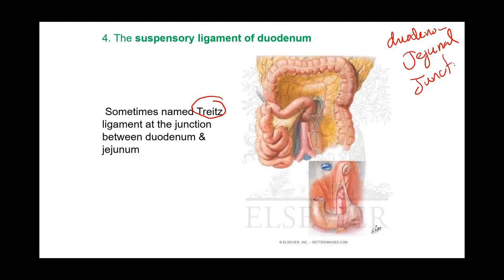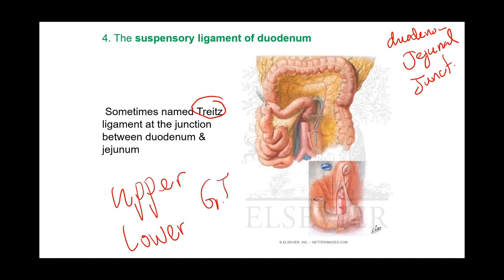The ligament of Treitz attaches the DJ junction to the posterior abdominal wall, and that is the demarcation for upper and lower GI bleeding.